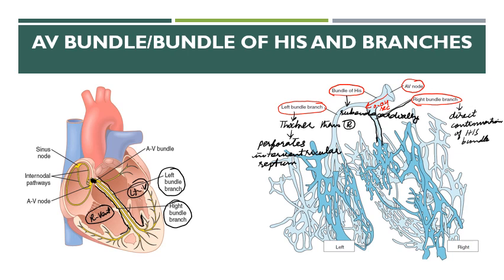On the subendocardial surface of the left side of the interventricular septum, the main left bundle divides into a thin anterior division and a thick posterior division.